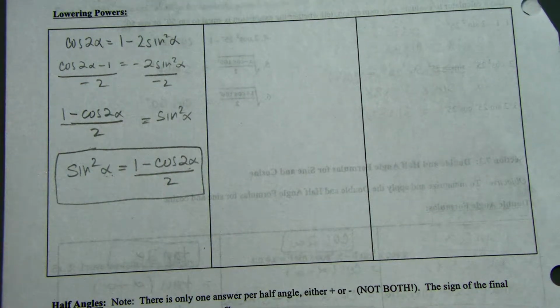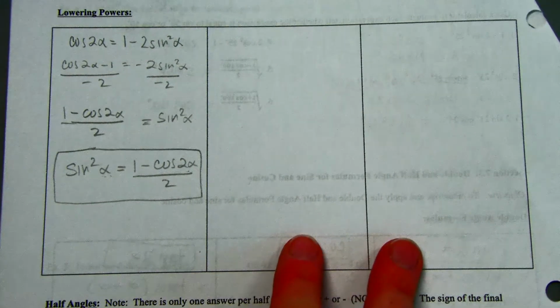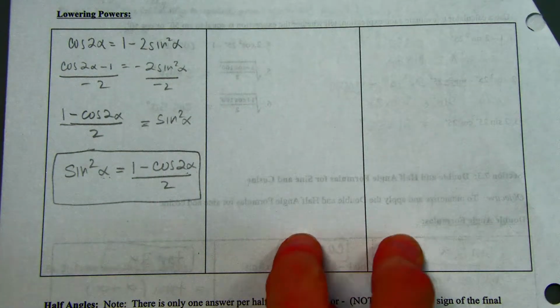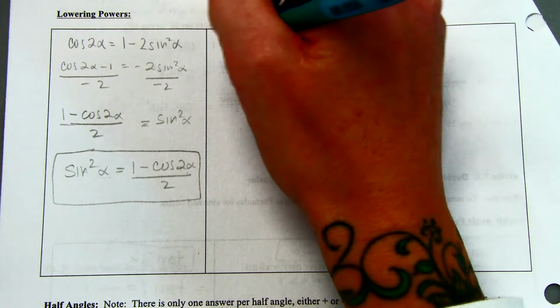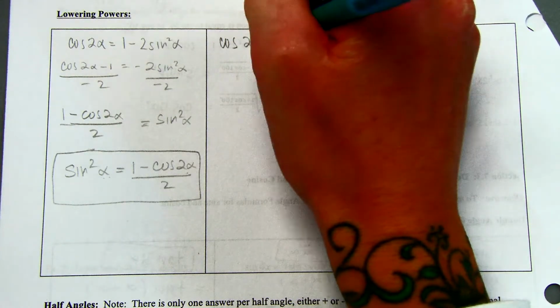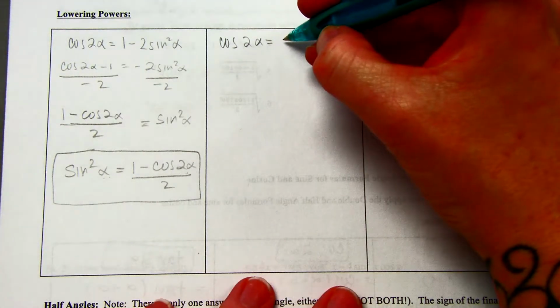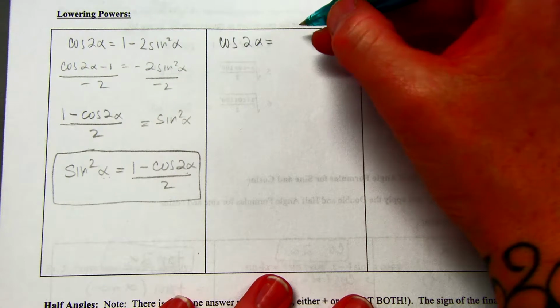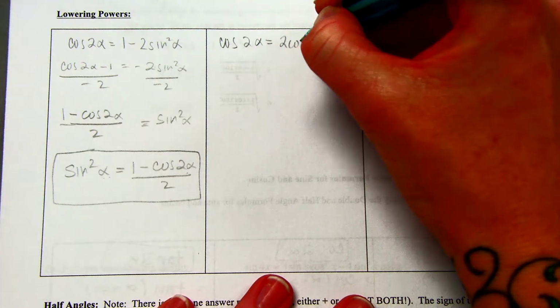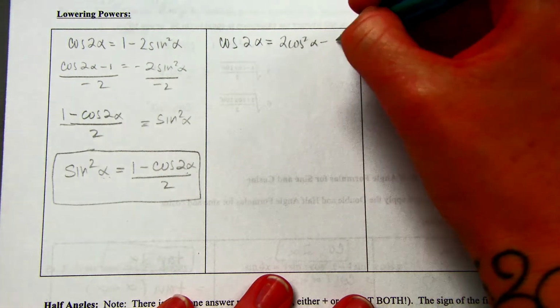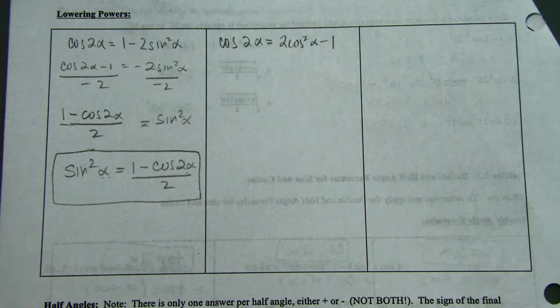So we're going to derive the other two equations for lowering powers from the cosine. So we have cosine of 2 alpha. There was another double angle formula that involved just cosine. Do you remember it? 2 cosine squared alpha, plus 1 or minus 1? Minus 1. So we derive the lowering powers formula in the same way.